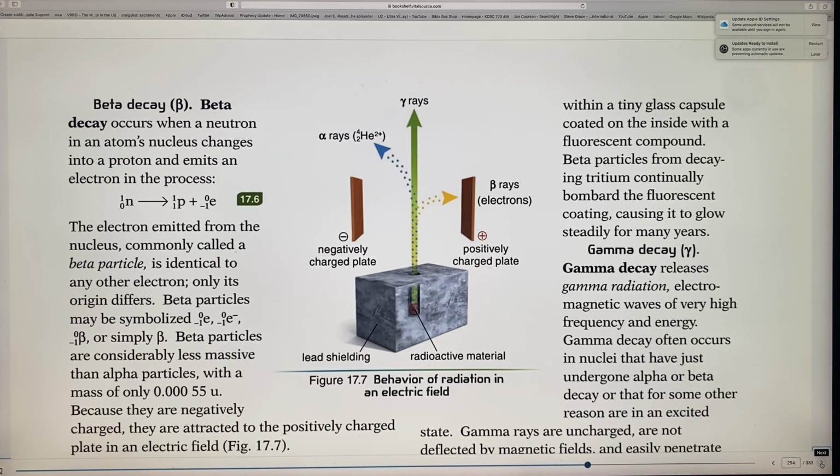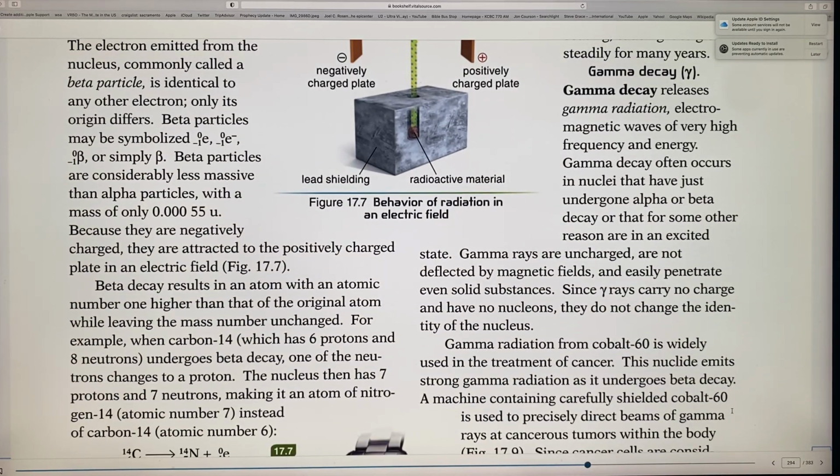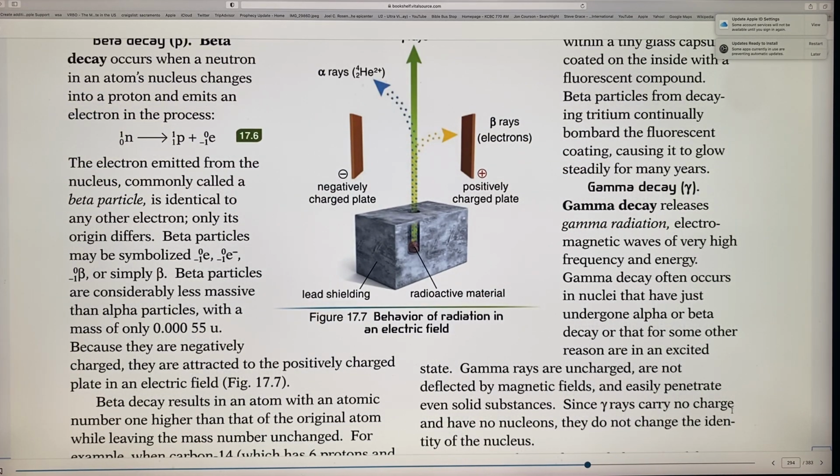And of course, beta particles are so light, about 0.00055 units, compared to the very heavy protons and alphas. The alphas are very heavy. And because they're negatively charged, they're going to be attracted to the positive plate in the electric field around it.